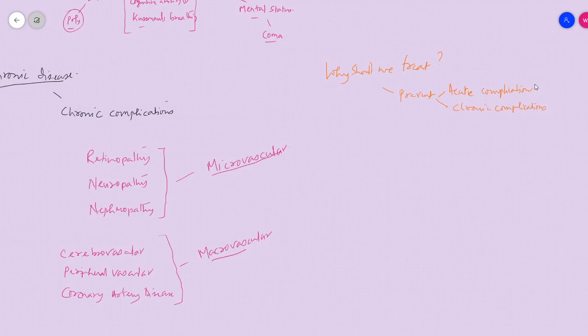What are the acute complications we have talked about? Hypoglycemia, ketoacidosis. Chronic complications, we have microvascular and macrovascular.